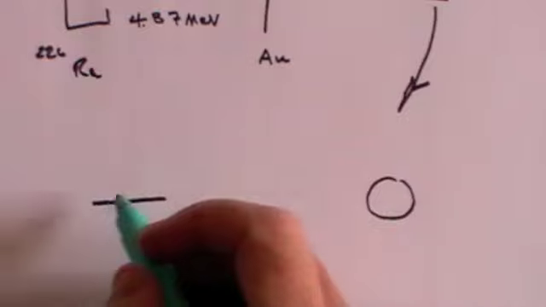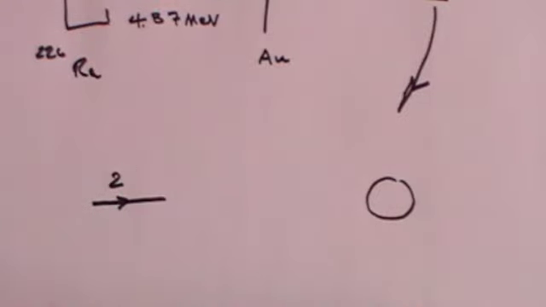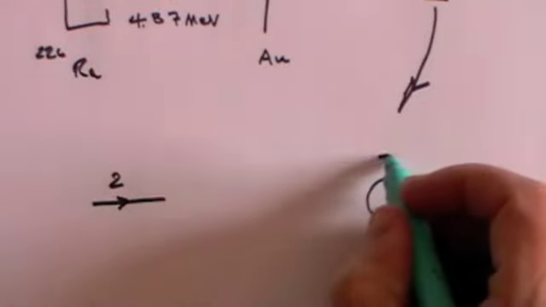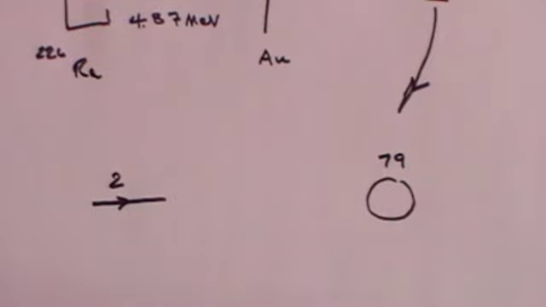Well, you've got an alpha particle which consists of 2 positively charged protons coming towards a nucleus which consists of 79 positively charged protons.